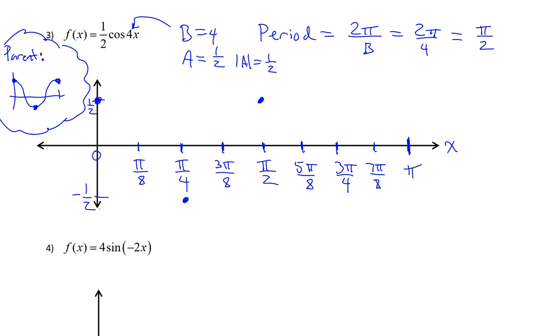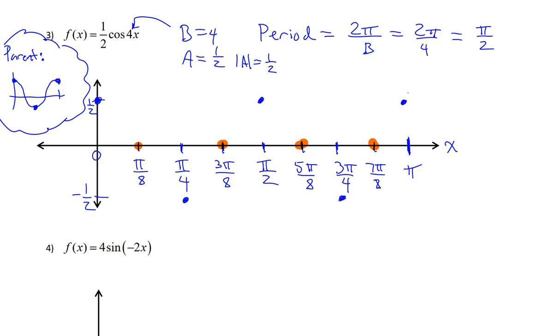So then, if I use the pattern, notice the x-intercepts are simply halfway in between all of that. So I can jump right to that and say there must be an x-intercept at pi over 8 and 3 pi over 8, and then you can just keep the pattern going by marking the intercepts and the continual peaks and valleys according to the pattern.